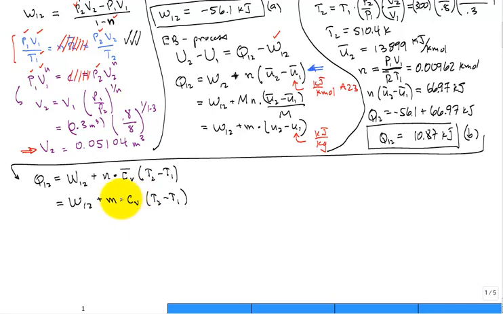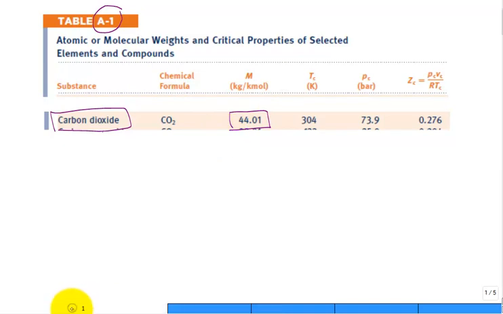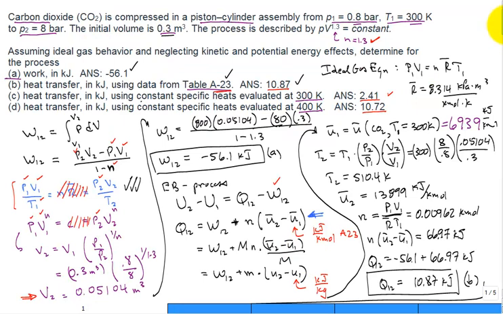Where are we going to get this constant specific heat? Well, we'll go to another table. And I forgot to mention, if you need the molar mass of carbon dioxide, go to table A1 and you'll find that it's 44.01. So that's what I need right here. I'm going to scroll down again, sorry about that.